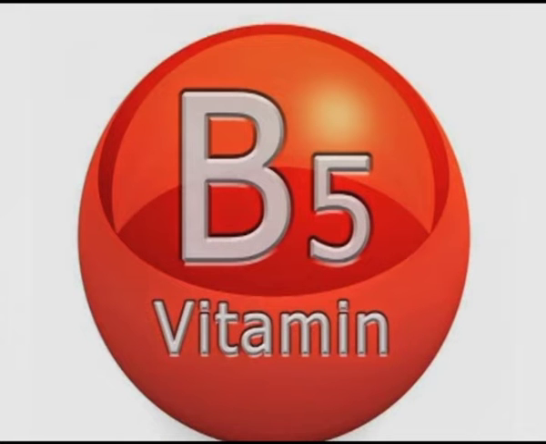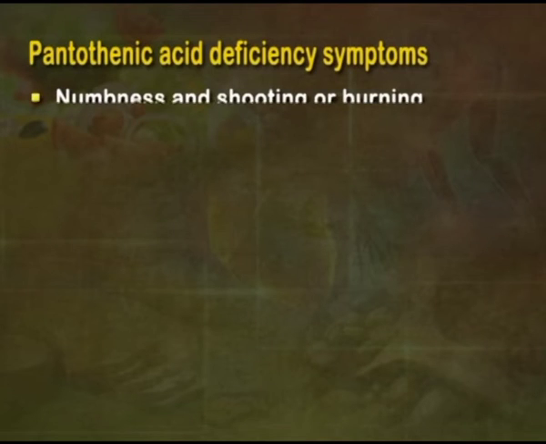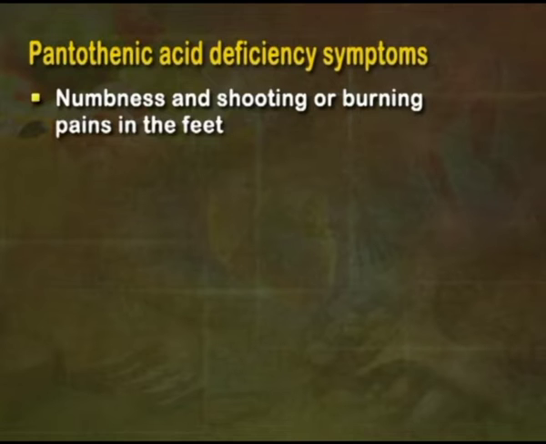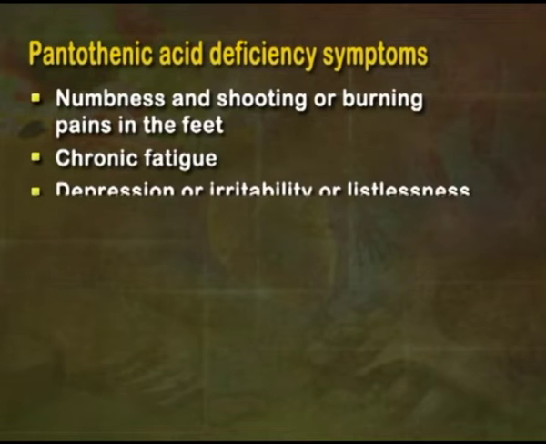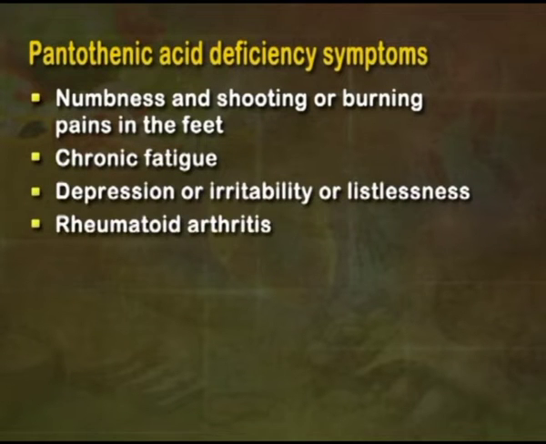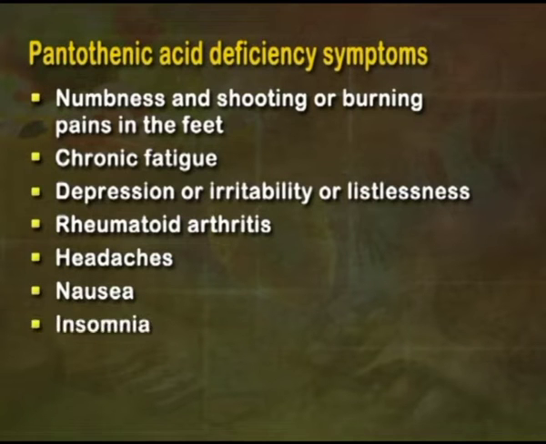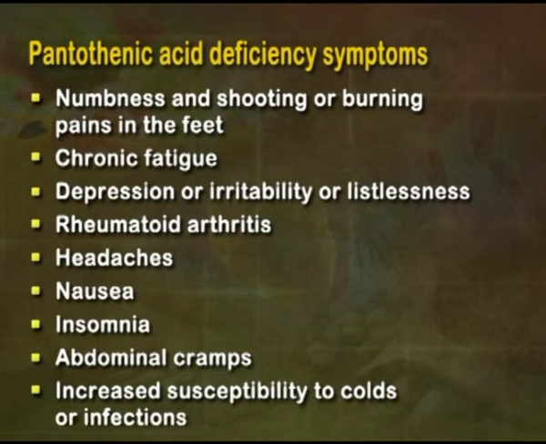Vitamin B5 deficiency symptoms, or pantothenic acid deficiency symptoms, include numbness and shooting or burning pains in the feet, chronic fatigue, depression or irritability or listlessness, rheumatoid arthritis, headaches, nausea, insomnia, abdominal cramps, increased susceptibility to colds or infection.